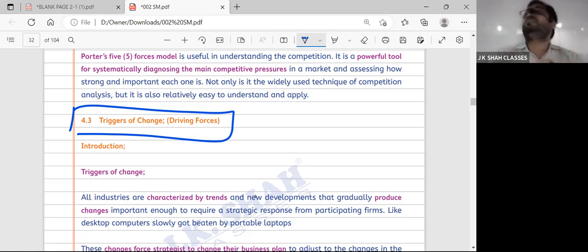COVID was a driving force. Many businesses went from offline to online; they did not have a digital presence. But after COVID, they have realized that physical business is good, but physical and digital both are excellent. Before demonetization, nobody realized the importance of plastic money.